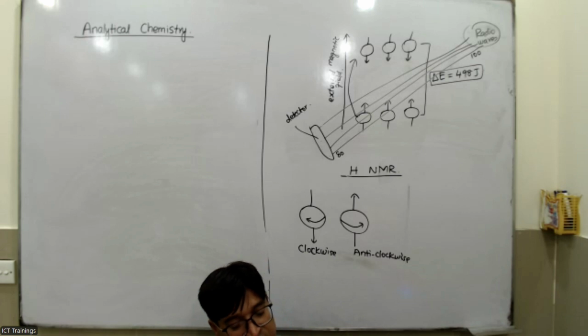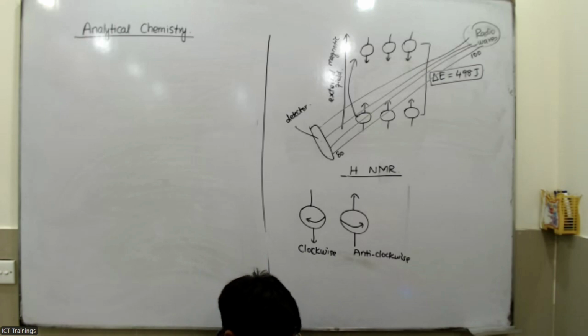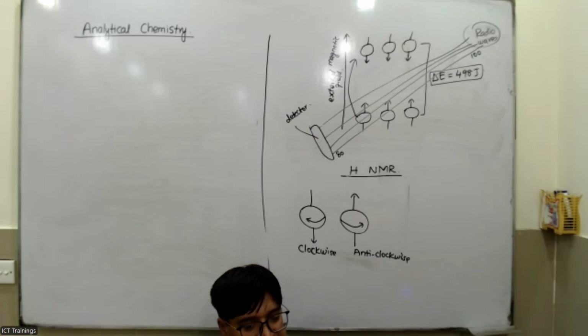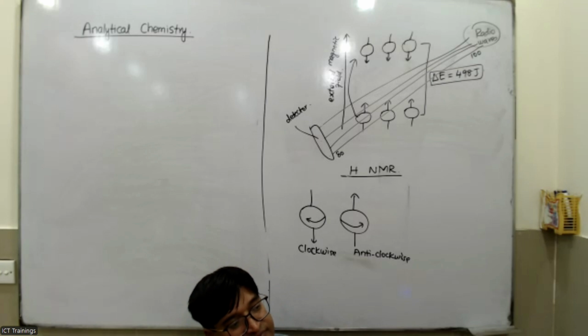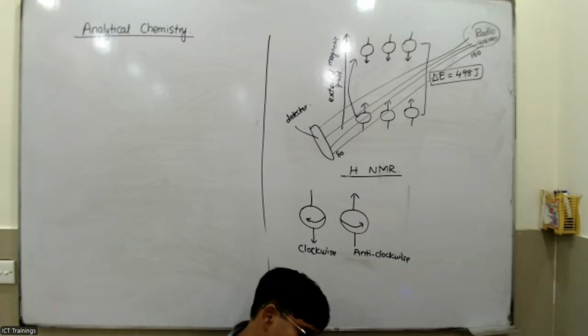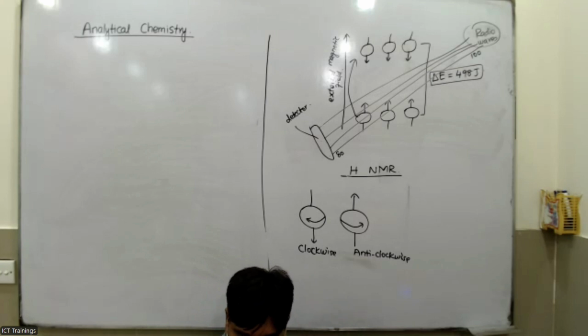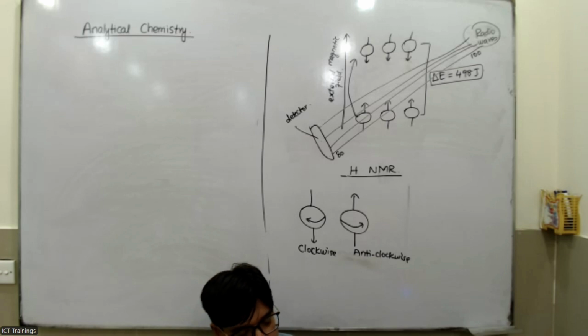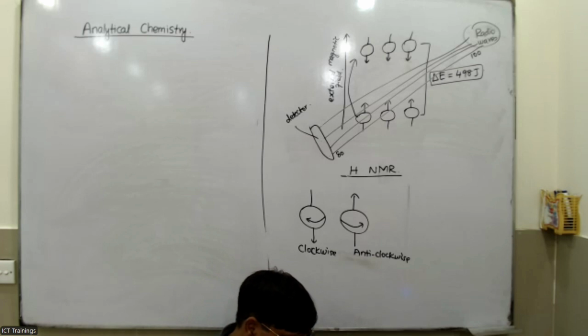Those spin states whose magnetic field aligns with the external magnetic field will be at low energy level due to forces of attraction, whereas the others would be at high energy level due to forces of repulsion.